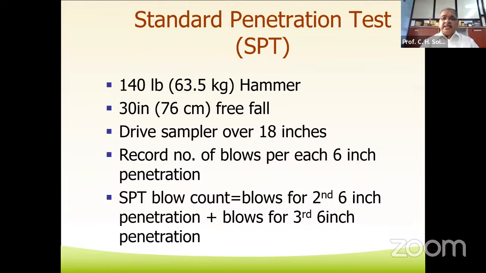The first 6 inches we consider as a seating drive, whereas for the next two segments of 6 inches, the number of blows required to drive the split cone sampler into the soil is noted. The summation of both is known as the standard penetration value. In geotechnical engineering, we call it the capital N value.